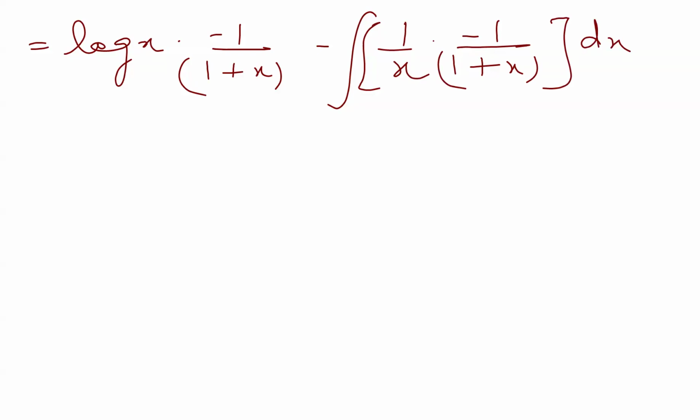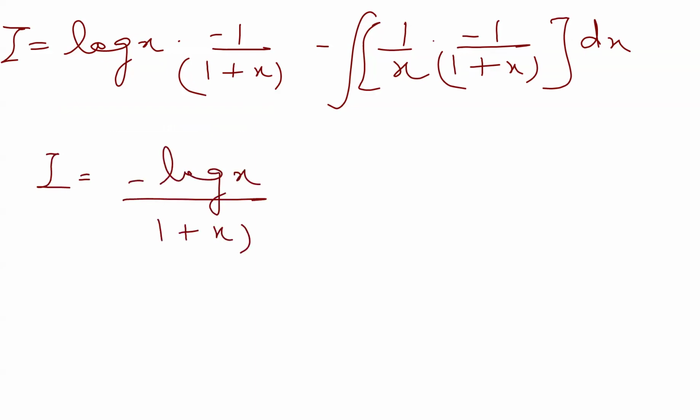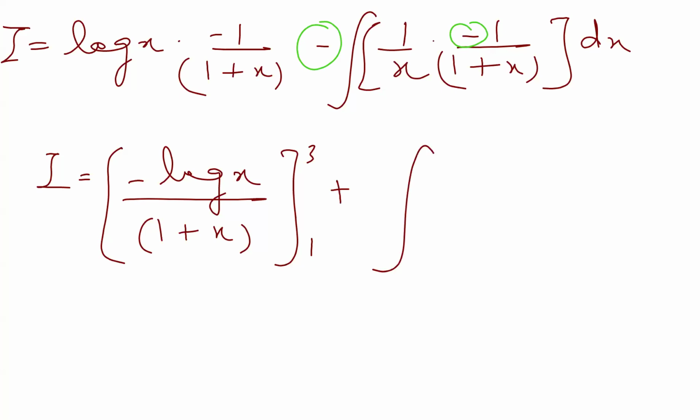Okay, let this be I. Now since we have integrated this entirely, this first part we have integrated, we're just going to simplify and put the limits. Now this minus and minus is plus. x into 1 plus x dx, 3 and 1.